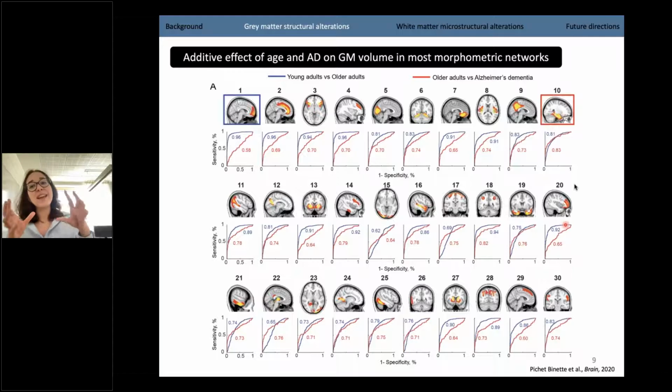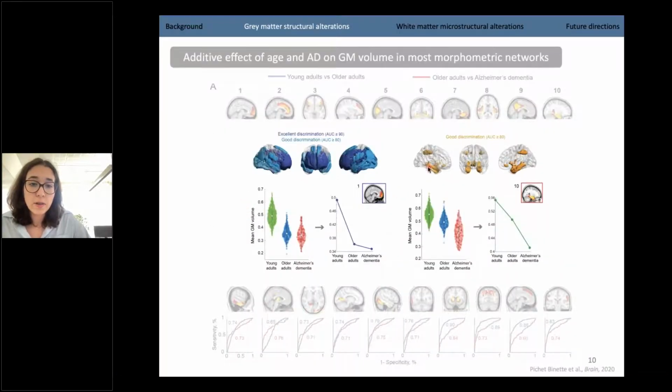This medial temporal network. But there we see that even though it is good at discriminating old from dementia, it's as good at discriminating the young from the older adults. So we have an effect of both aging and Alzheimer's disease in this network. The results are summarized here on our glass brain.